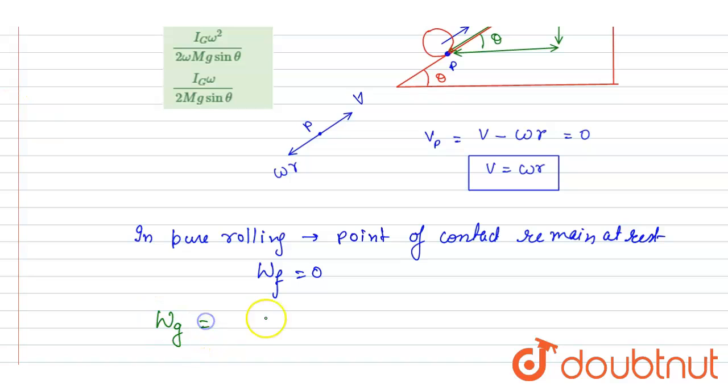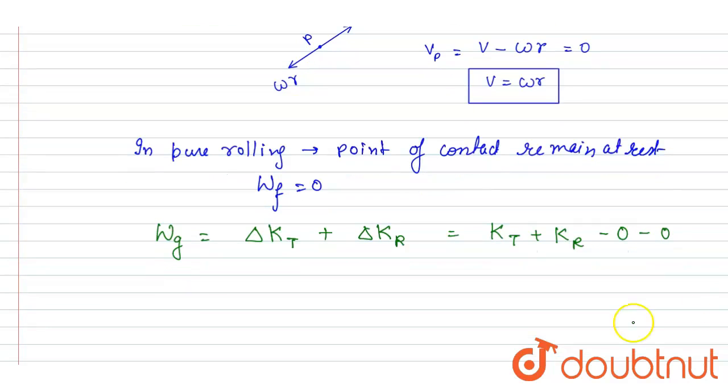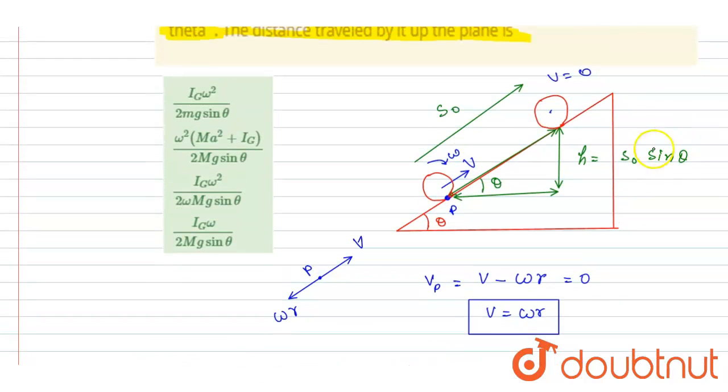So I will write work done by gravity is equal to change in translational plus change in rotational kinetic energy. Initially it was at rest, so it will be simply the final kinetic, and initially both were 0. So work done by gravity, if you see here, it moved up by a height h, that is s0 sine theta.